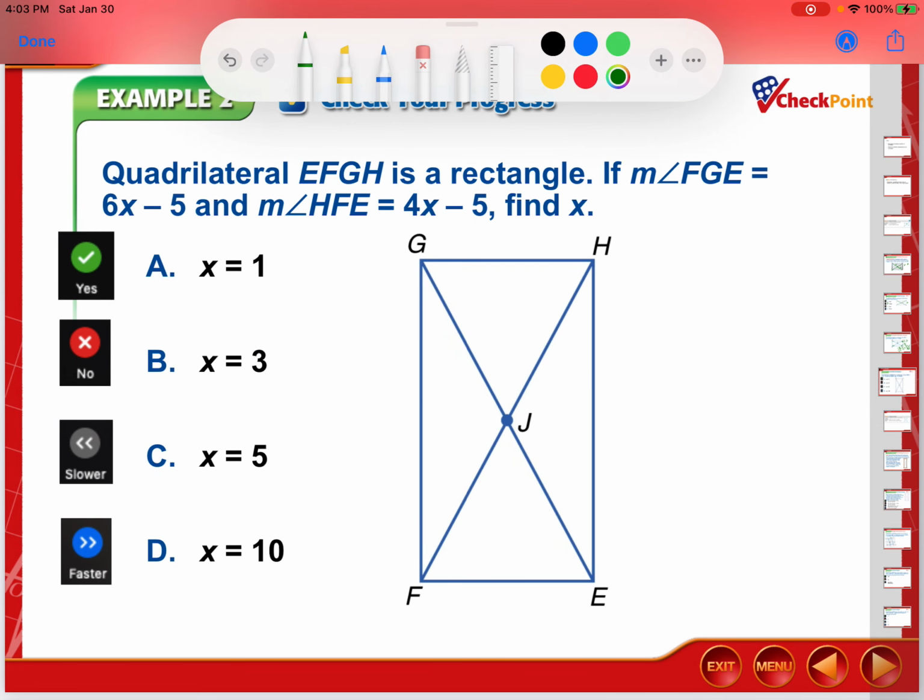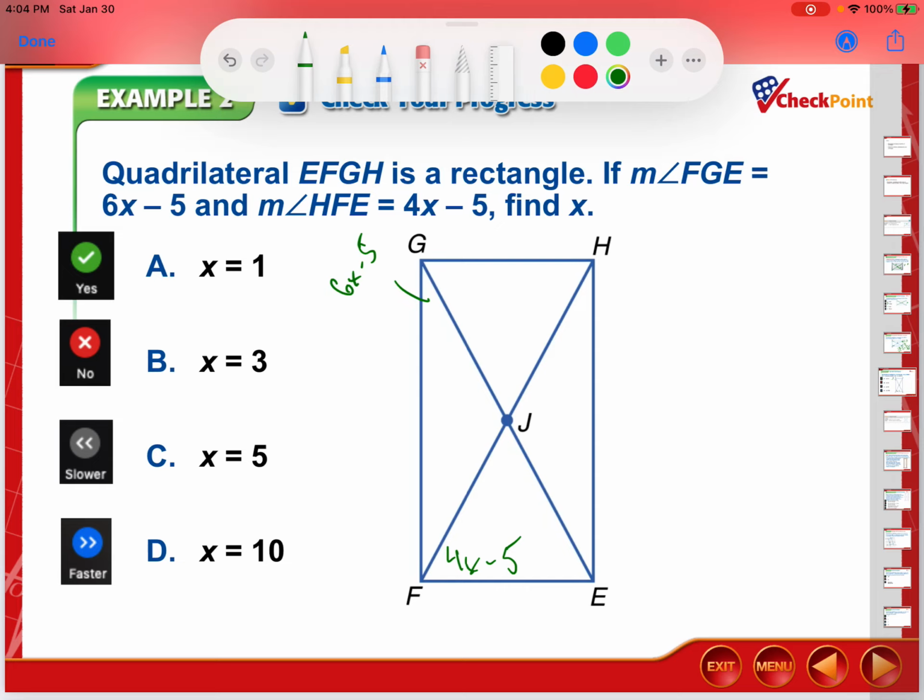So, quadrilateral EFGH is a rectangle. If the measure of angle FGE is 6x minus 5, and the measure of angle HFE is 4x minus 5, find x.